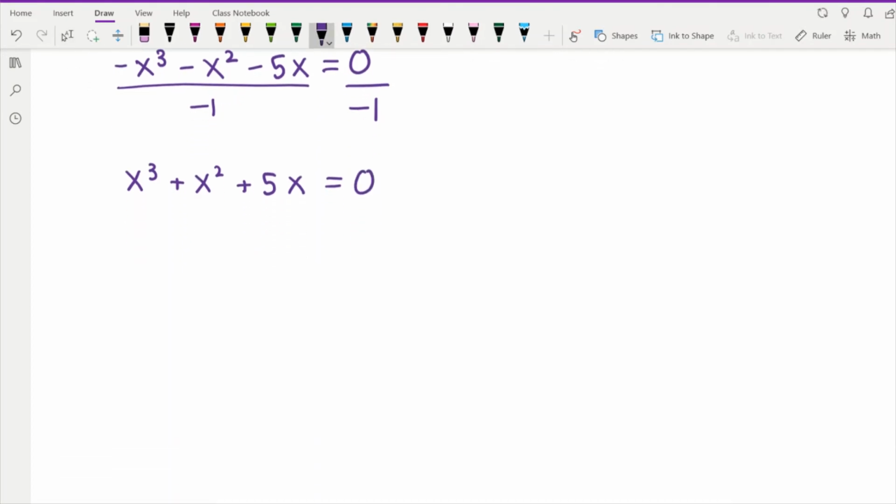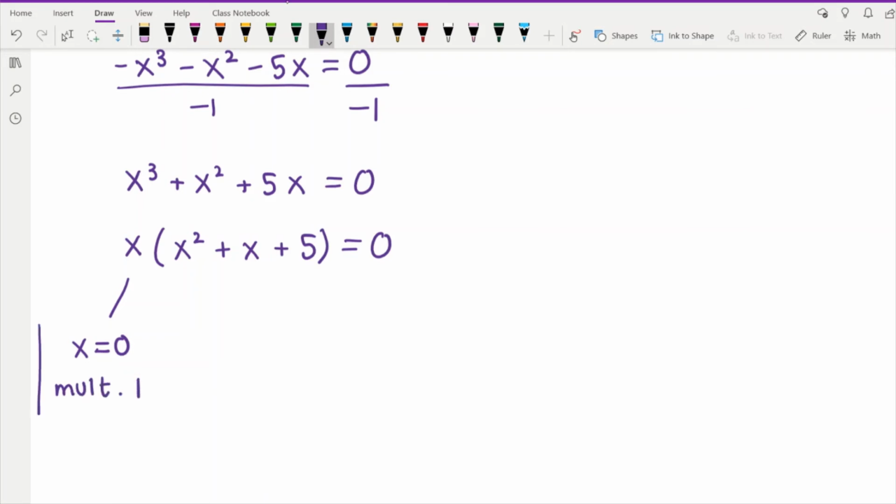So now we can factor out an x from everything. And so we're left with x times (x squared plus x plus 5). So from here we have x is equal to 0 is one possibility, and let's just write down right away that's multiplicity 1, right, because it was just x, it wasn't x squared. The other possibility is that x squared plus x plus 5 is equal to 0.